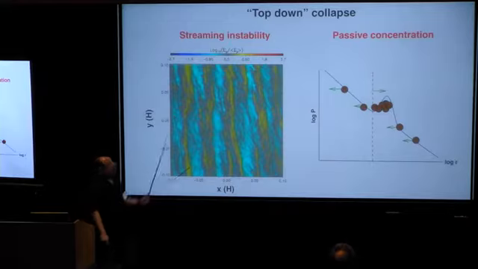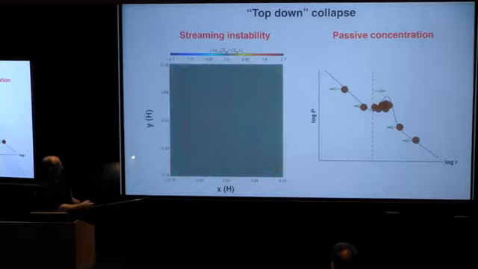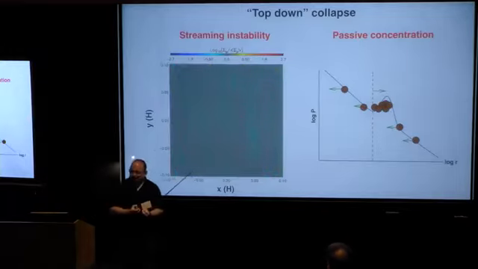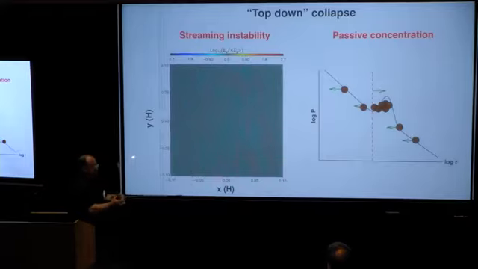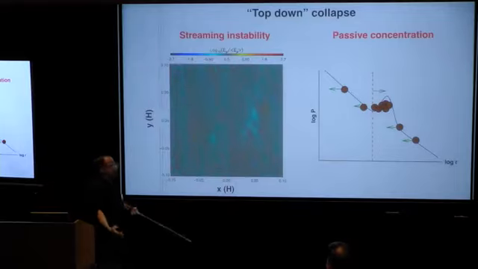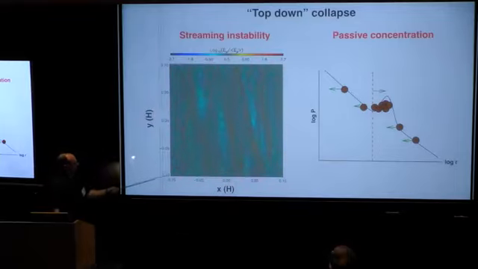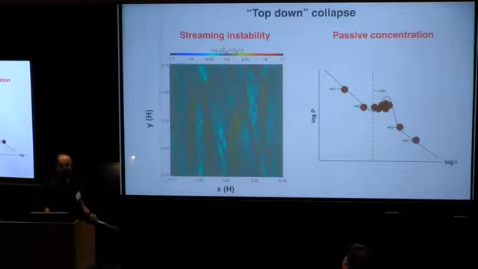But the other school of thought is top-down, that you somehow concentrate, let's see, if I press this, will it play? Good. If you somehow concentrate enough of these centimeter, millimeter sized pebbles into a small enough region, then the Roche density will be reached, gravity wins over shear, and collapse ensues. And this is one of our favorite mechanisms for doing so, something called the streaming instability.